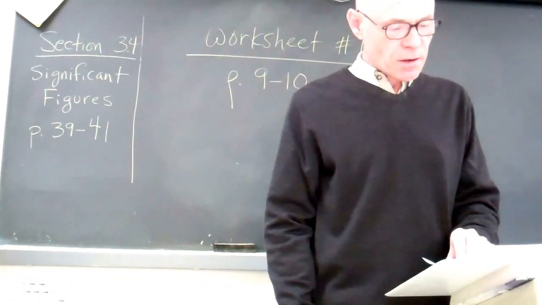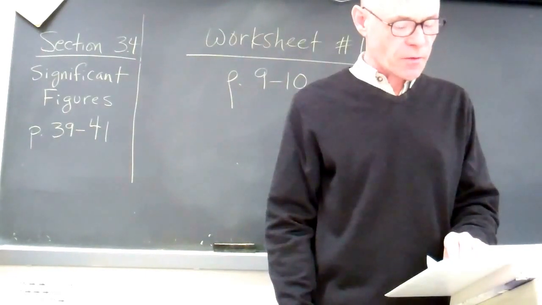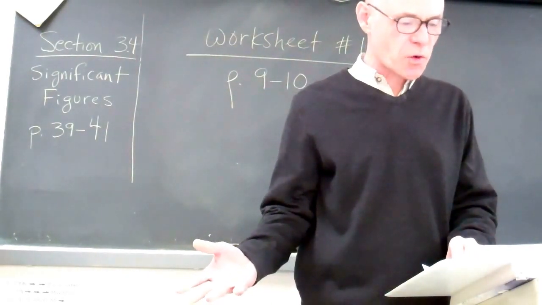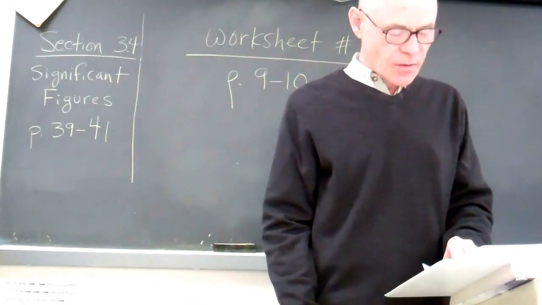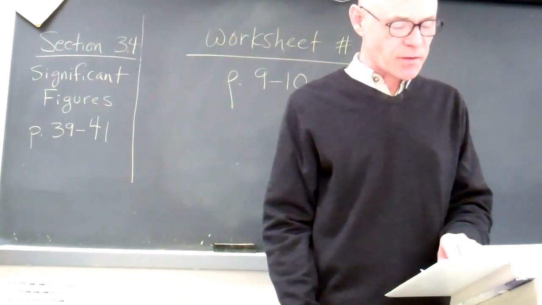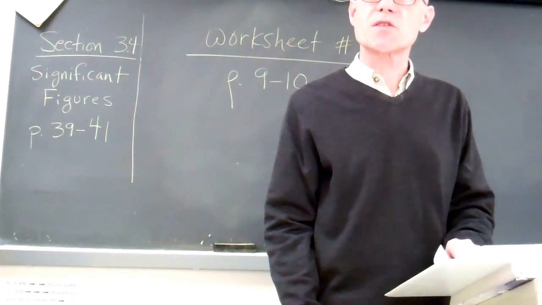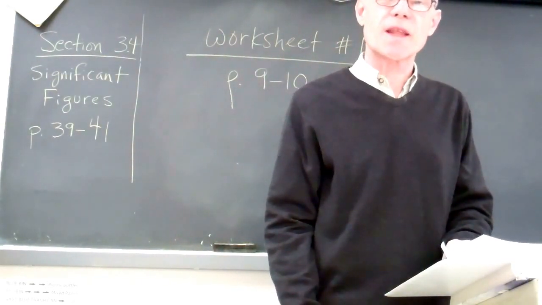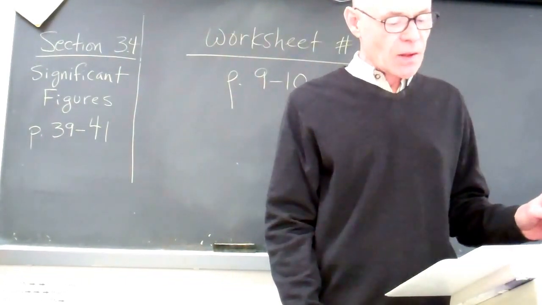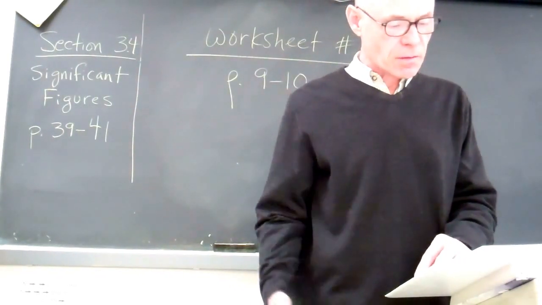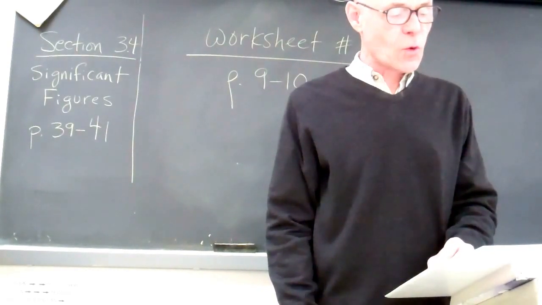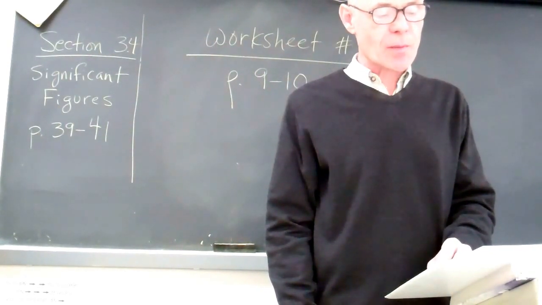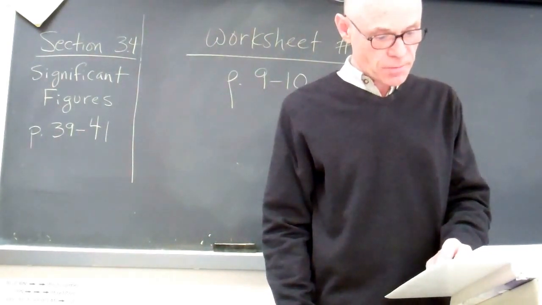So in this worksheet, there are 3 sections. The first section on page 9 is practice with metric units and prefixes. The bottom half of the page is practice on scientific notation. I'm not sure if we've discussed that yet, but I think you've been exposed to that in the past. And then more significantly, based on today's class, page 10 has 4 problems for you to practice the application of significant figures.